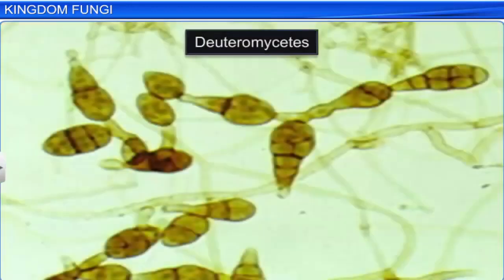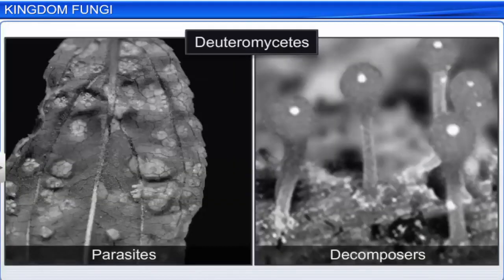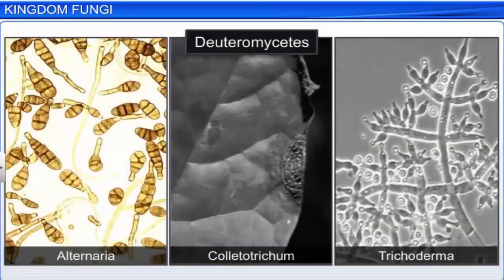They too have a septate and branched mycelium. They are saprophytes or parasites, while a large number of them are decomposers, which help in mineral cycling. Alternaria, Colletotrichum, and Trichoderma are examples of deuteromycetes.